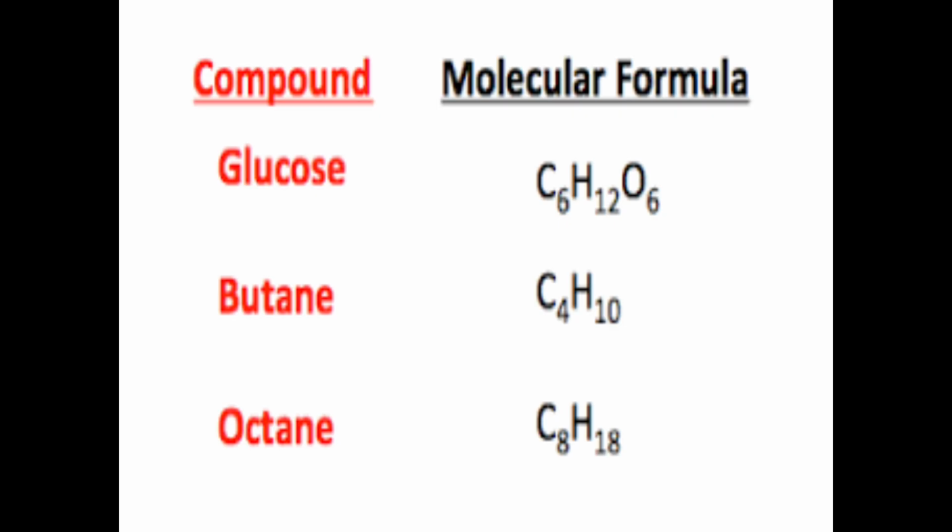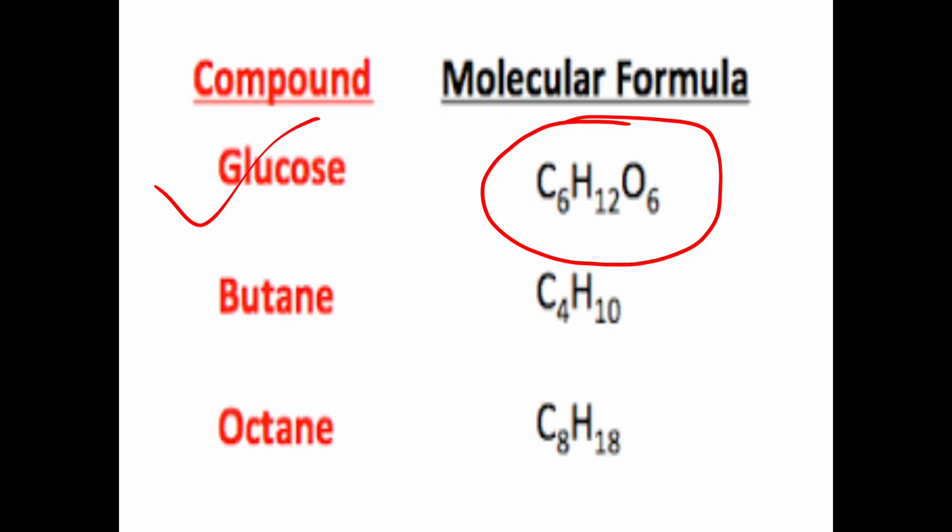And this formula can be of two types. First one is called molecular formula, which will indicate one molecule of the substance. Like here C6H12O6 is indicating one molecule of glucose, C4H10 is indicating one molecule of butane.